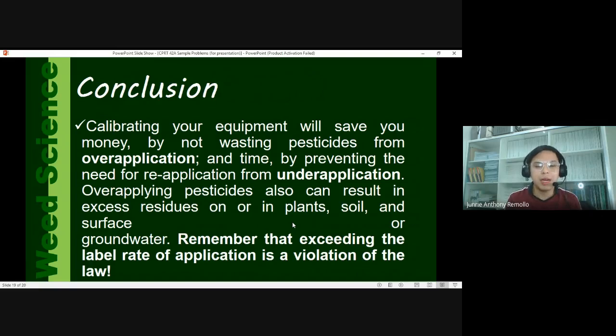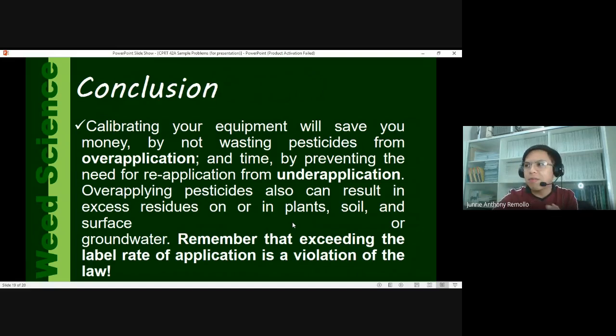And we must remember that exceeding the label rate of application is a violation of the law because, as I mentioned earlier, there are laws governing such application of herbicides, because as we all know, herbicides are harmful chemicals. They have hazardous effects when mismanaged or misused.